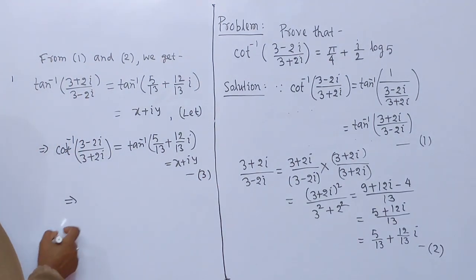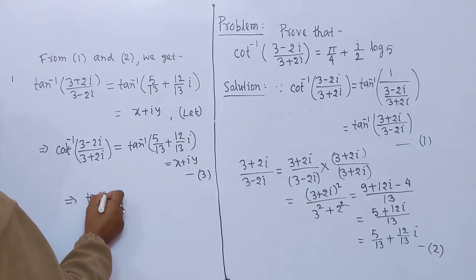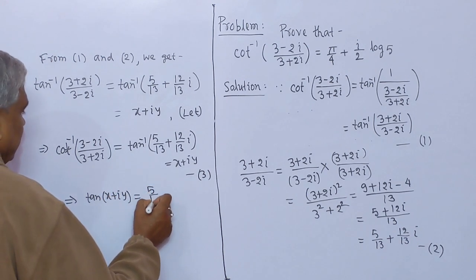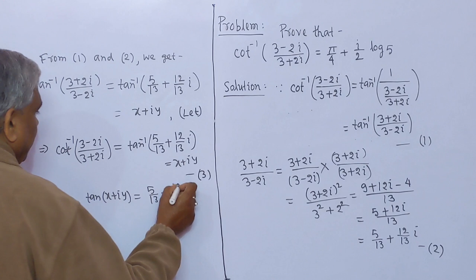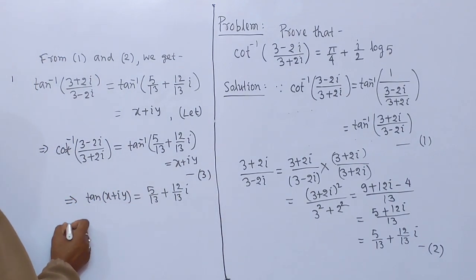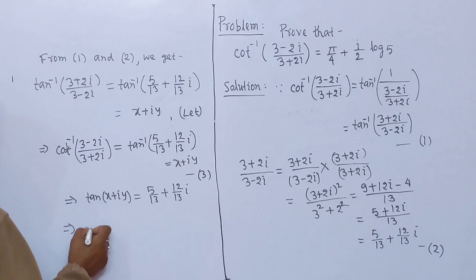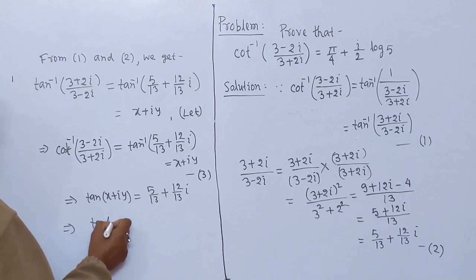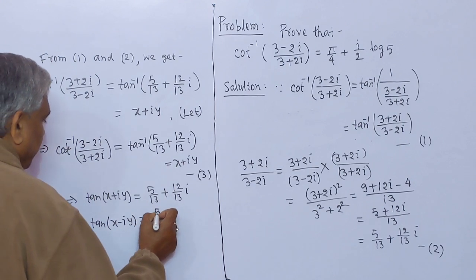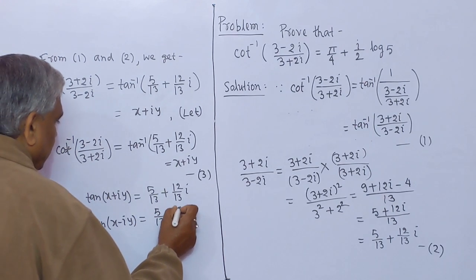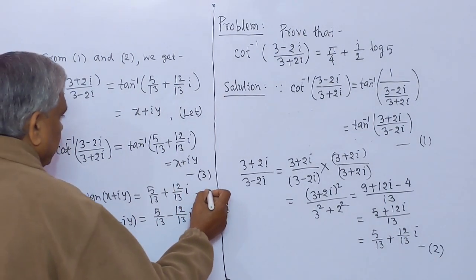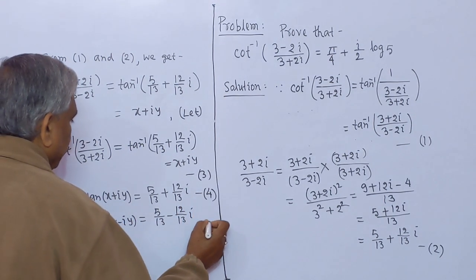This implies that tan of (x plus iy) equals 5 by 13 plus 12 by 13 i. This implies that, taking conjugate, tan of (x minus iy) equals 5 by 13 minus 12 by 13 i. This is number 4, this is number 5.